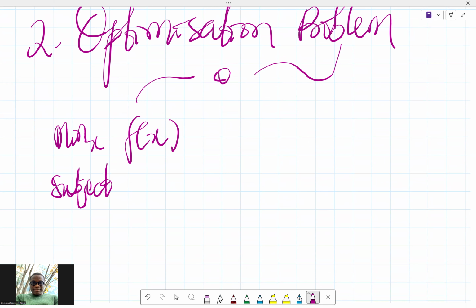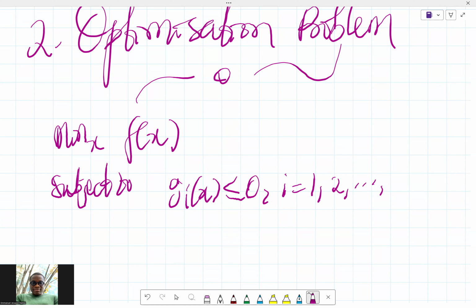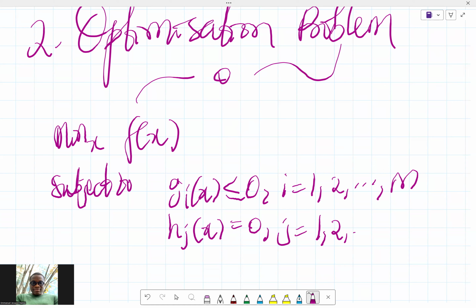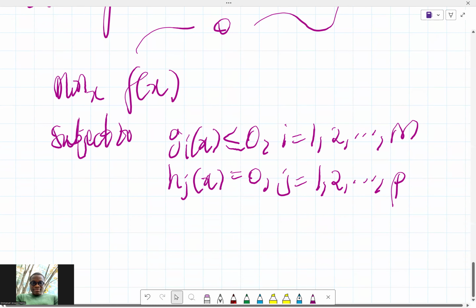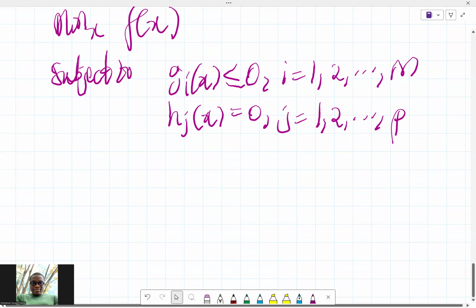So minimize f of x subject to gi of x less than or equal to 0, i equals 1 up to m, and then you have hj of x equals 0. These are constraints. The first one is an inequality constraint. The other one is an equality constraint, j from 1 all the way down to p. So these are inequality and equality constraints.